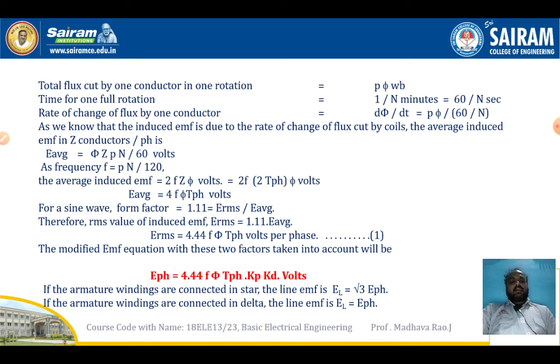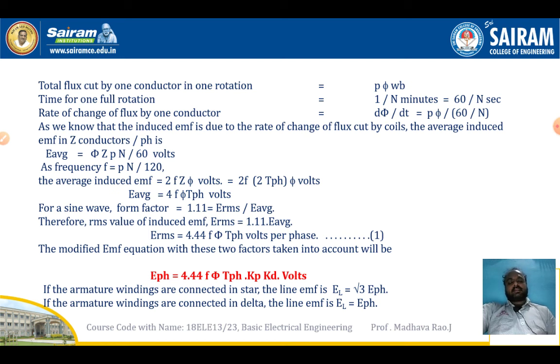Suppose the alternator is star connected, the line voltage EL is equal to root 3 into EPH. Suppose the alternator is delta connected armature winding, so EL is equal to EPH.